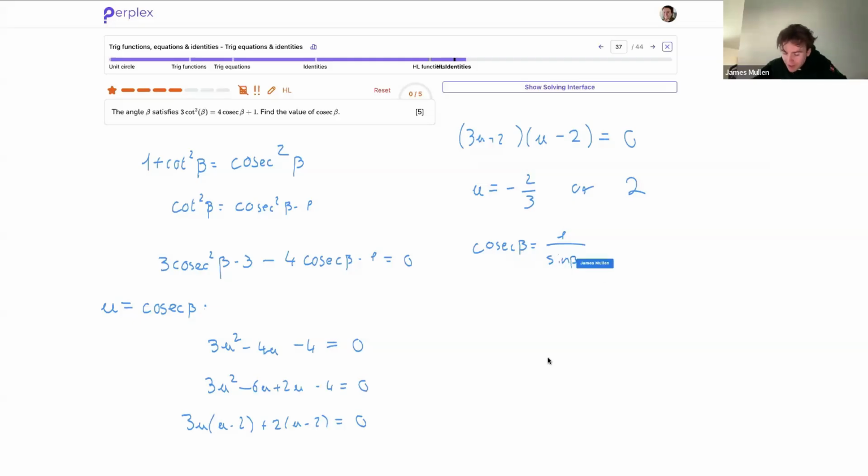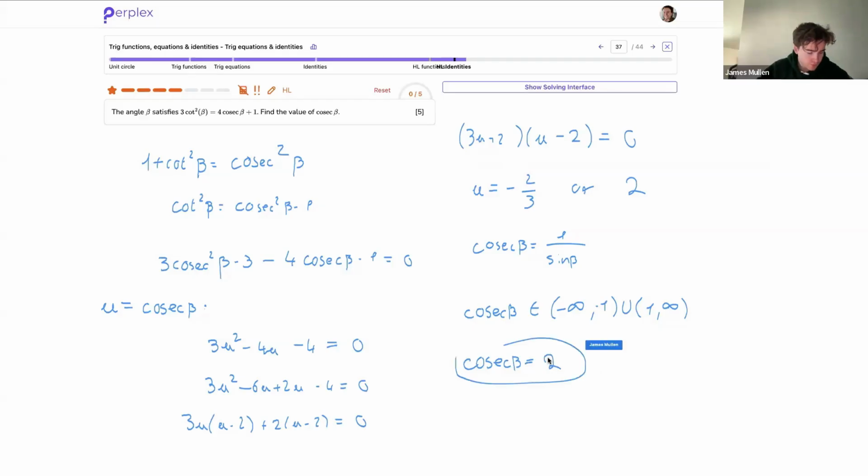And sine of beta is always between negative 1 and 1, which means the range of cosecant beta is negative infinity up to minus 1, exclusive, and then 1 up to infinity. So minus 2 over 3 is not actually in the range of cosecant beta. So the only possible value of cosecant beta is 2. Cosecant beta equals 2.